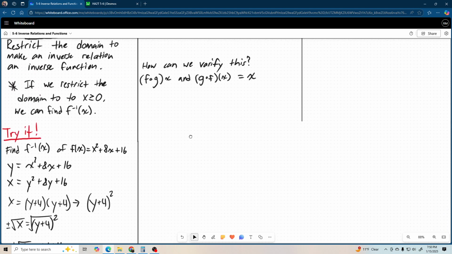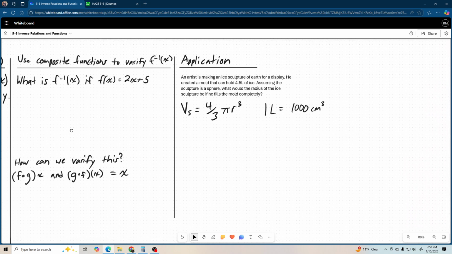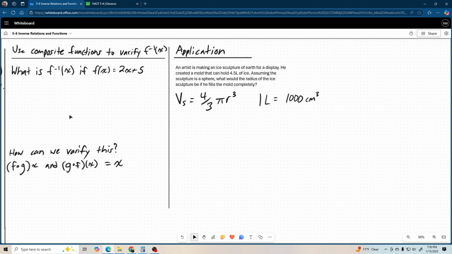All right, cool. So let's use composite functions to verify that we have inverse functions. So what is the inverse of f of x if f of x equals 2x plus 5? Okay, pretty straightforward linear function. So let's find the inverse real quick.